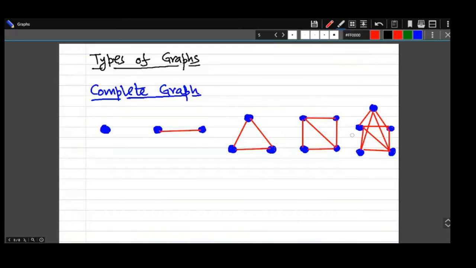Let's add one more edge. Now it looks good.